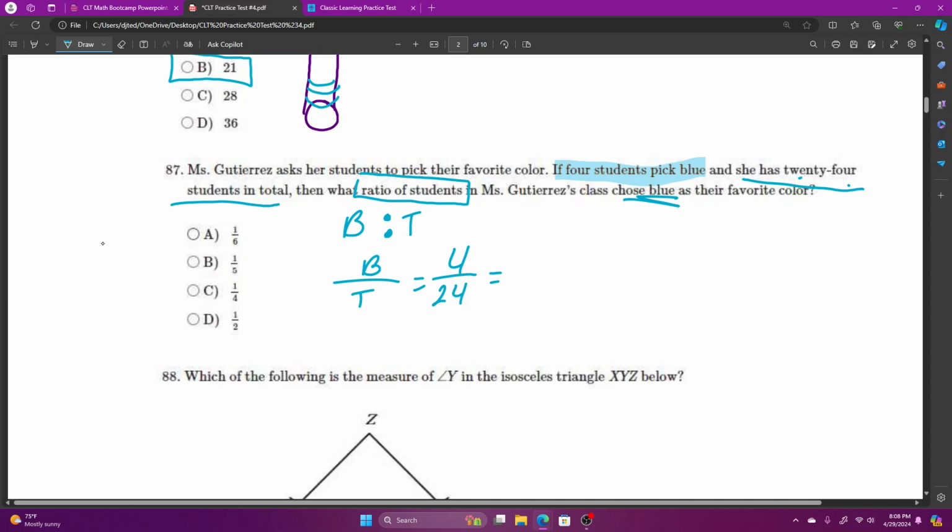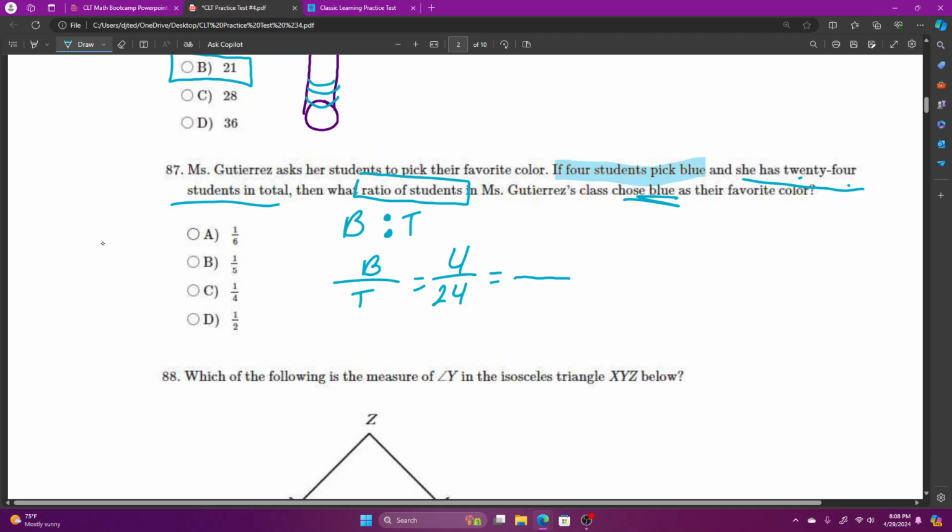Our answer is not here, so we're going to take our fraction and find the equivalent fraction. How do we do that? We look at our numerator and denominator, and we either find the greatest common factor or a common factor. Either way, it doesn't matter. Right away, you can see that both of these numbers are even.